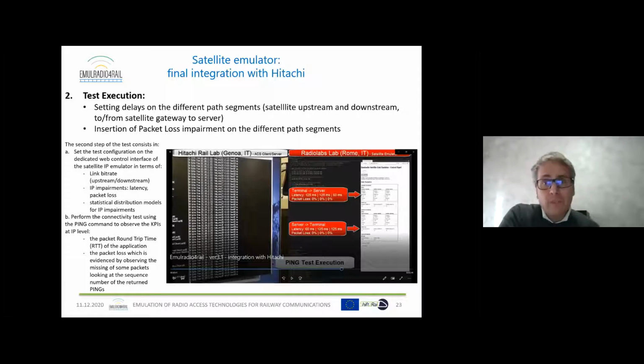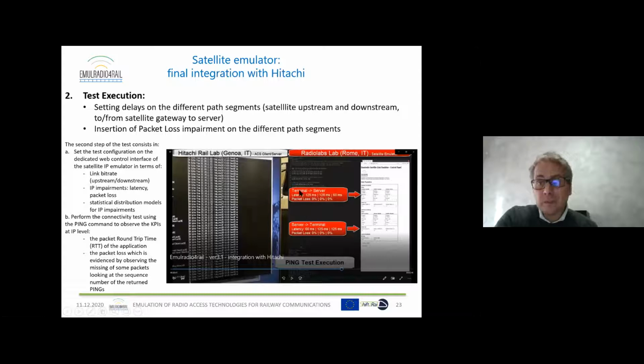In this way, as we can see in this slide, we were able to set a different value of latency for each of the 3 different paths and the value of the packet loss, of course.